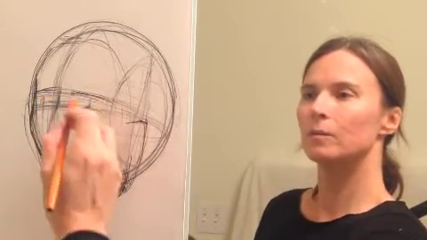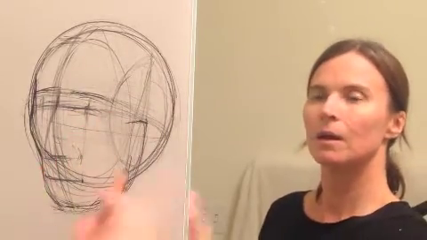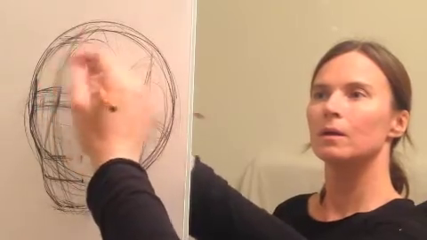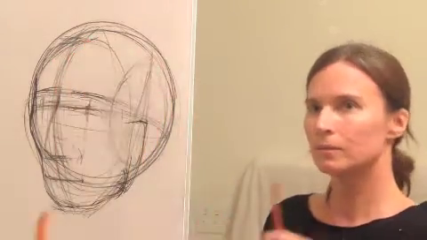And since I know this is the brow line, I can start to think about that a little bit. And then I can also look a little bit at what's happening with the hairline. The hair should be pulled back.